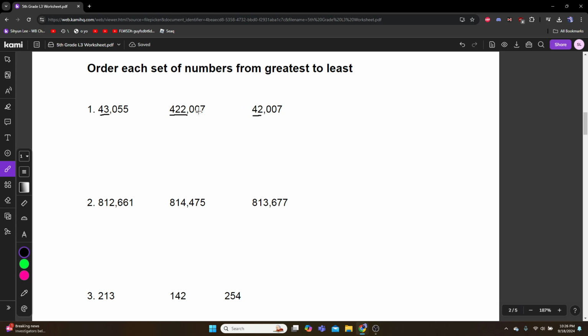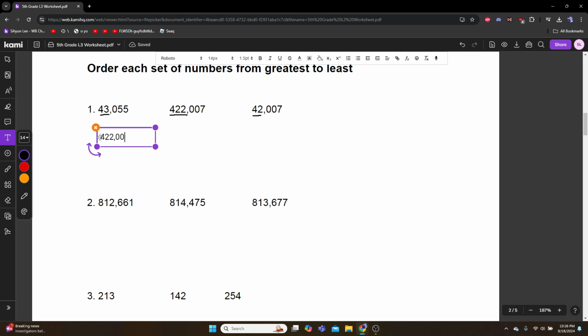So right away, we know that 422,007 is the greatest, and now it's between 43,055 and 42,007. So now we're going to look digit by digit. So 4, 4, 3, 2. So we know that 43,055 is greater than 42,007.